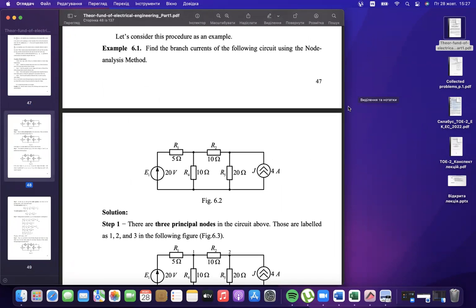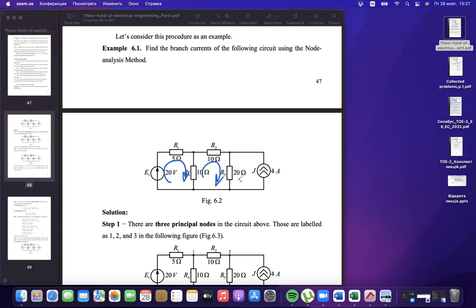If we look at example number 1, it is the same complexity, whether dealing with mesh currents or nodal voltages. In example number 1 we have 3 meshes, one mesh with a current source. For it, the equation isn't written. That is why we have only 2 equations for meshes.